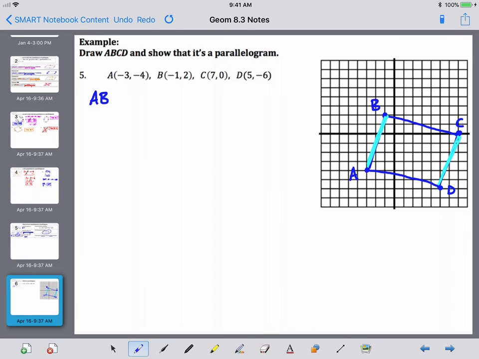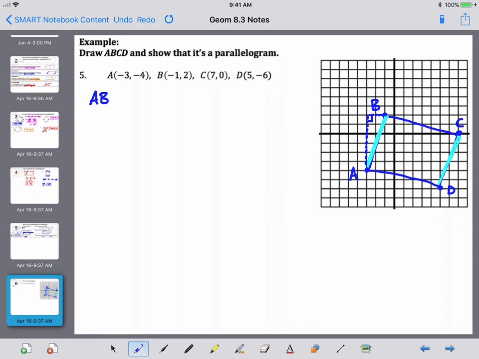So to figure that out, we're going to use the distance formula. So the distance formula is actually just based on the Pythagorean theorem. If I would put this triangle in here, this right triangle, I'm just really calculating this right here, which is the hypotenuse.